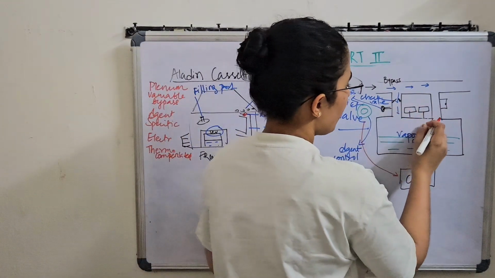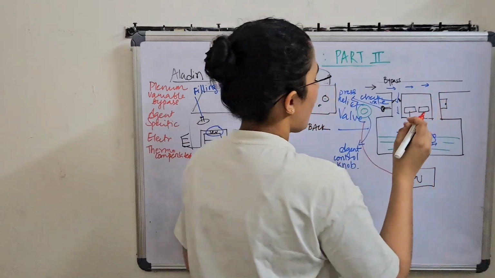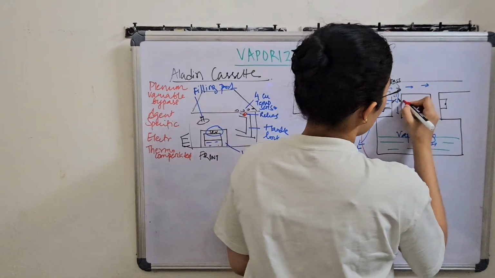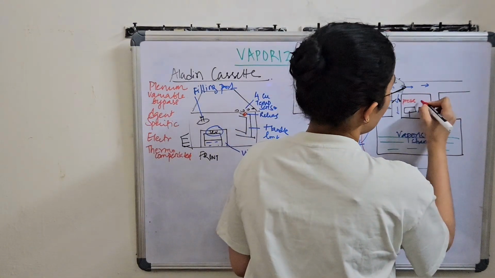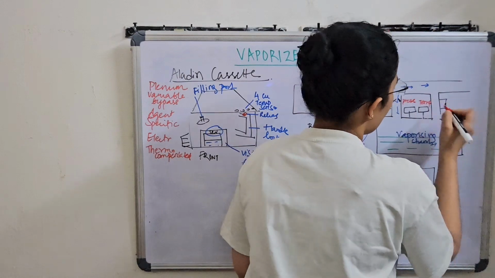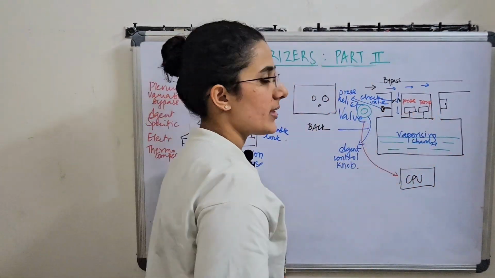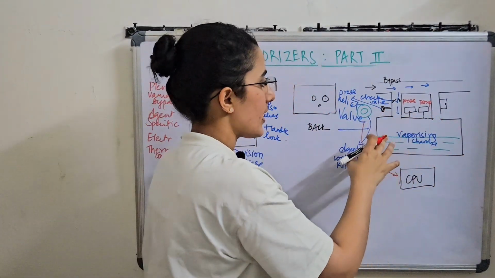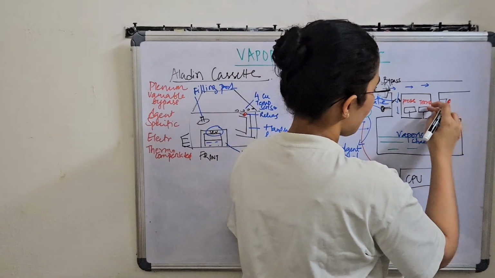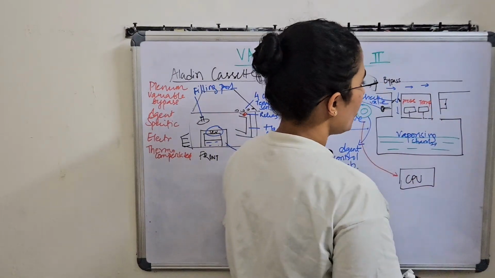Once the gas goes inside the vaporizing chamber, there is also a pressure regulator and a temperature regulator. Both of them are present within this Aladin cassette and also give information to the CPU.